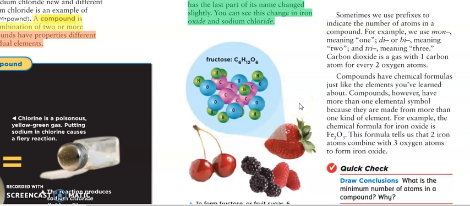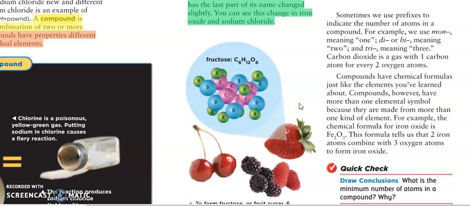Okay, guys, sometimes we use prefixes to indicate the number of atoms in a compound. For example, we use mono, meaning one, di or bi, meaning two, and tri, meaning three. So carbon dioxide is a gas with one carbon atom for every two oxygen atoms, as an example.